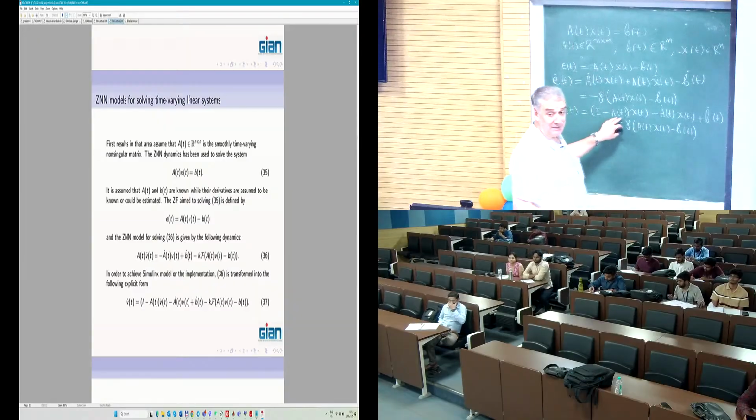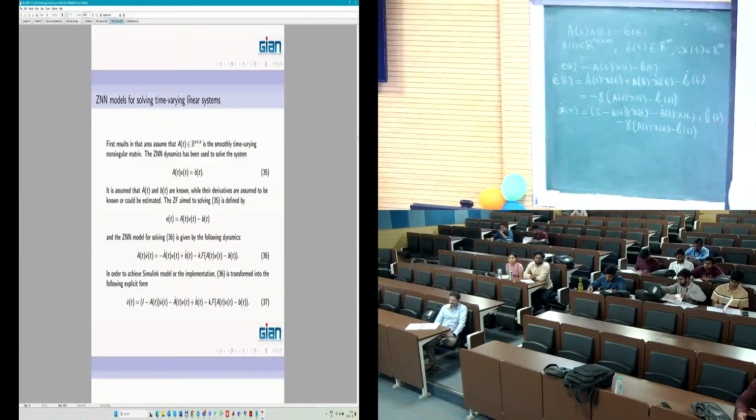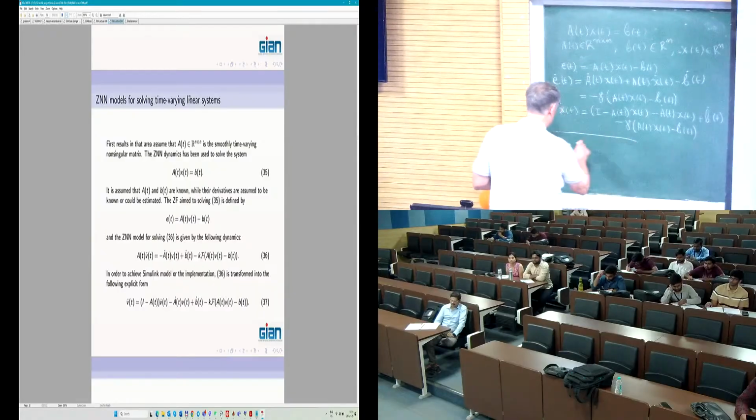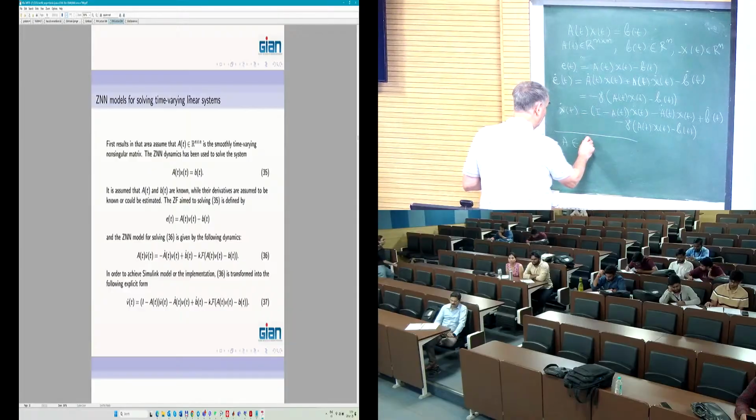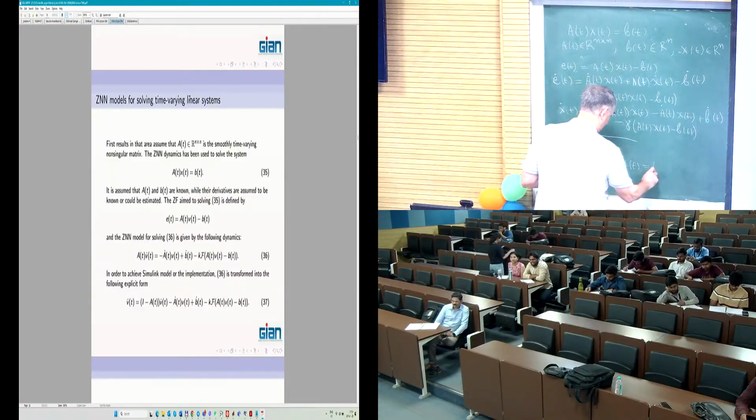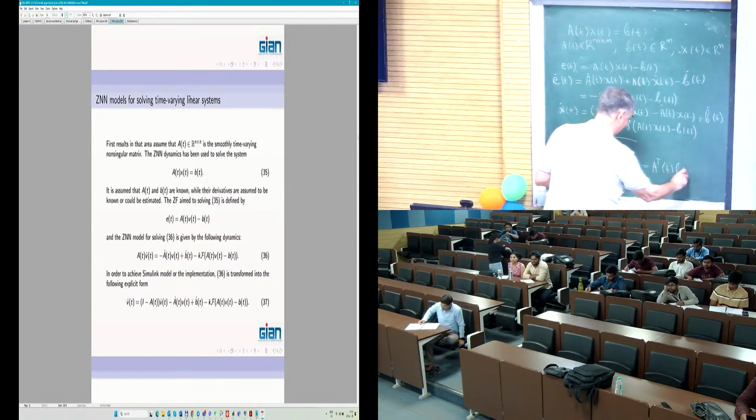And if we want to work with the general case, then the solution is to consider the normal equation form: A transpose A x equals A transpose of t, B of t.